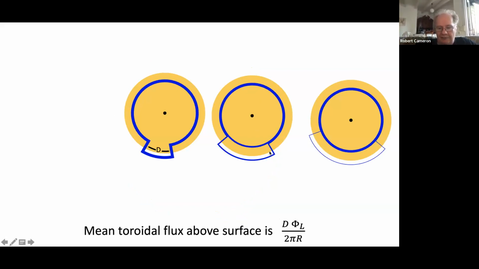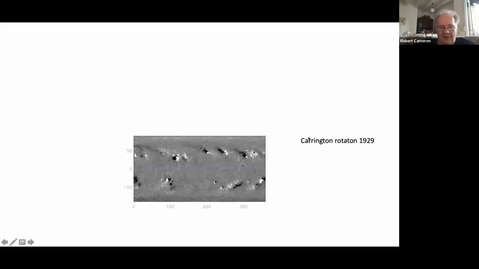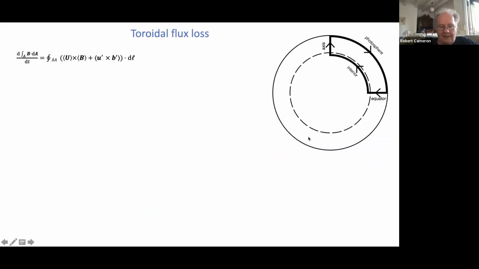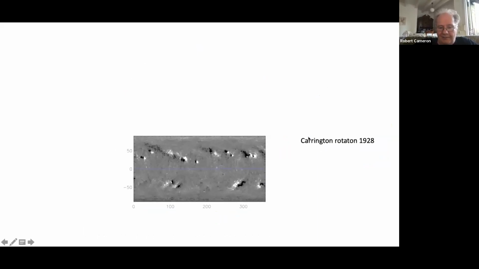So as it spreads out, it gets weaker, but it turns out this quantity, d times the distance between the legs and the flux in the loop, is a conserved quantity. So it doesn't change in time. And you can see this if you go back to the movie. Yeah, it gets weaker and weaker, but it's spreading out quite a lot.